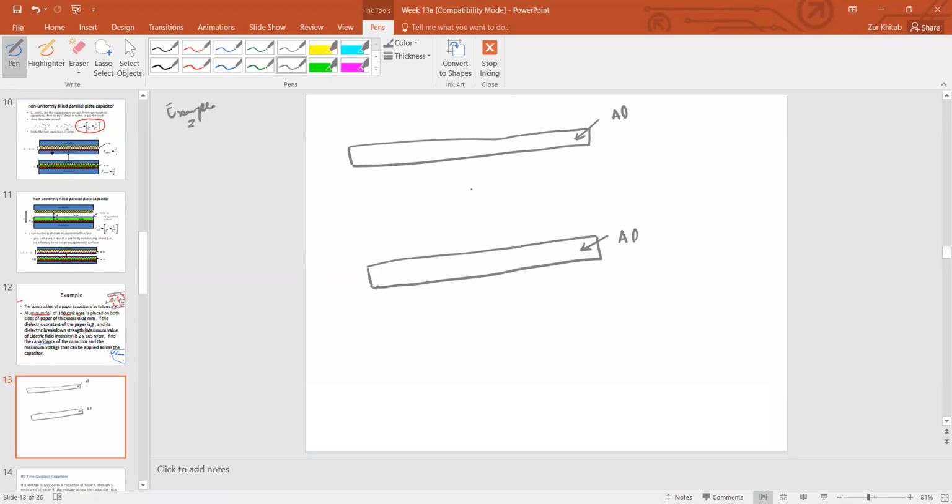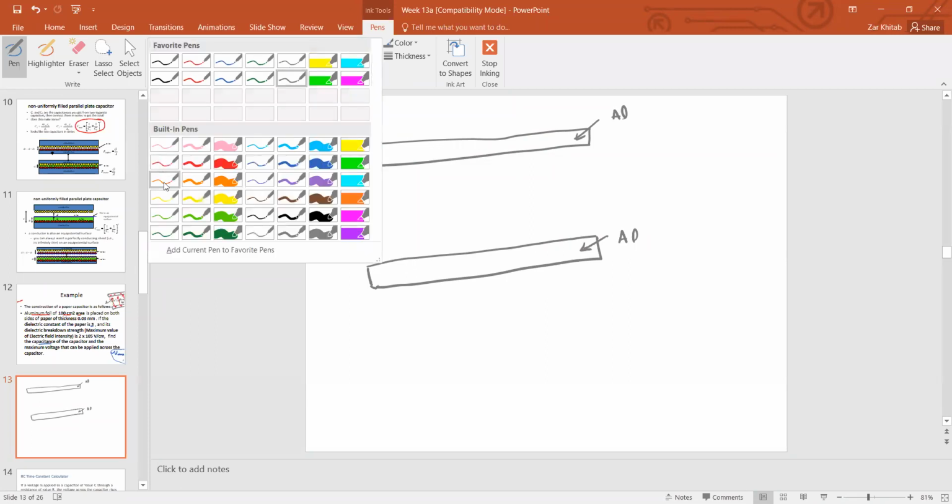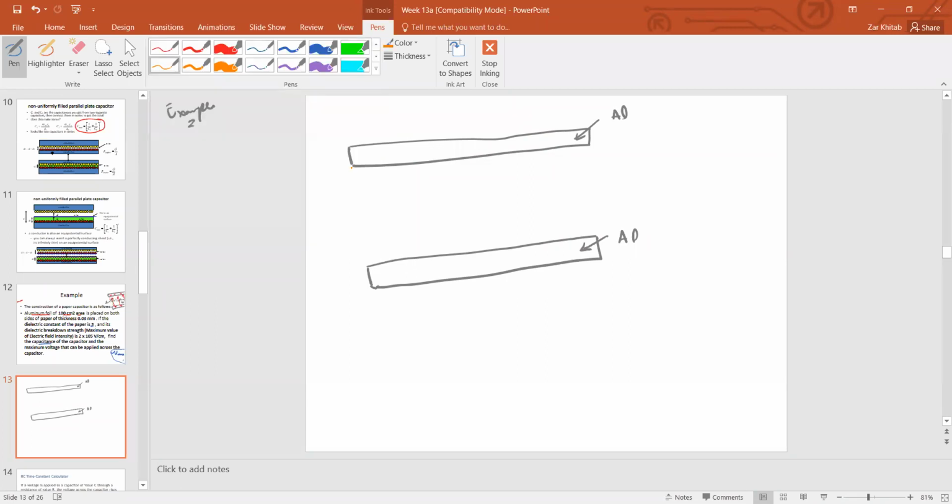And say between the two aluminiums we have this dielectric. It can be barium titanate, can be Teflon, can be a plastic sort of material, can be anything.